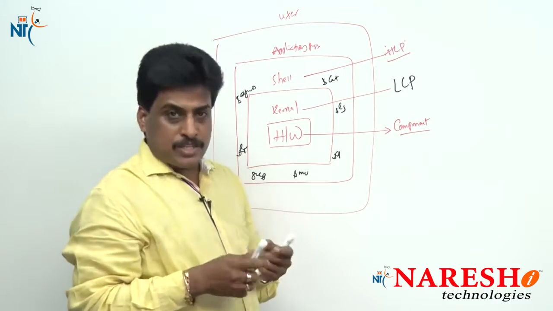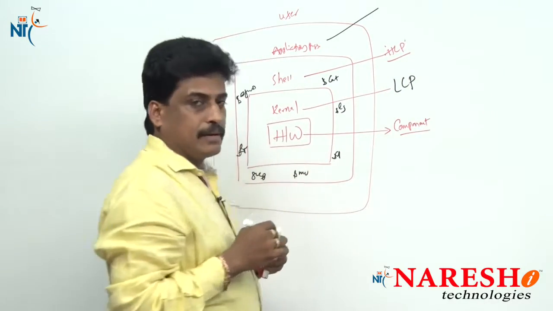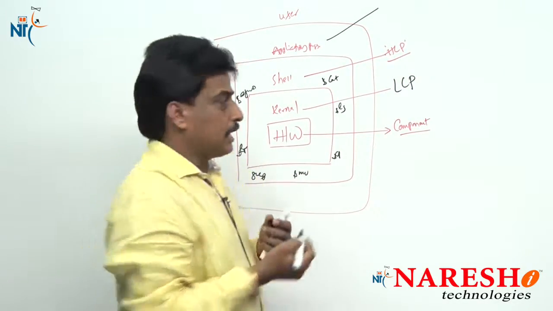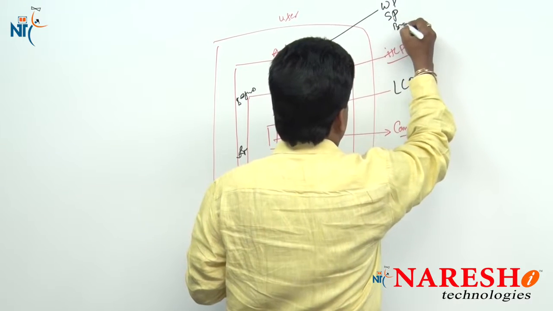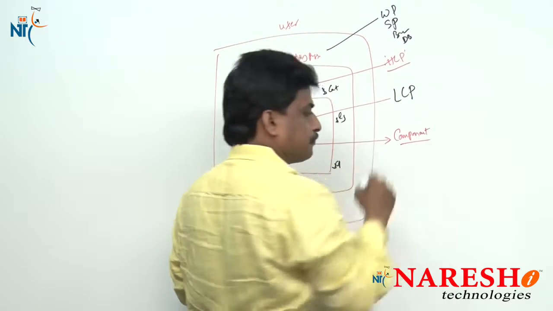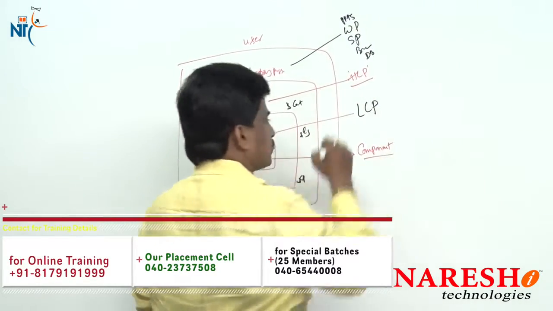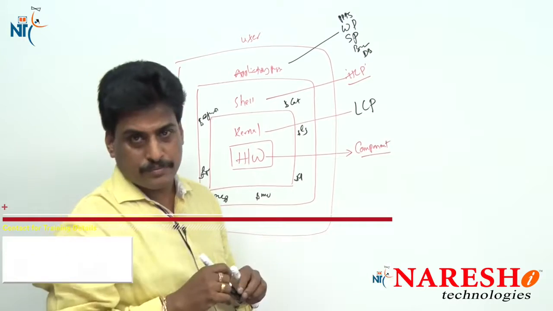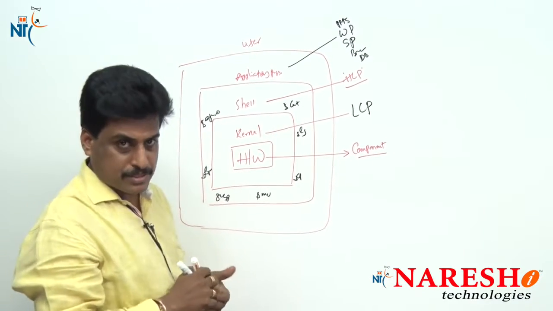Next one is application programs, which satisfy end user requirements like word processors, spreadsheets, browsers, databases, PowerPoints, and others like this. So, this is the detailed architecture of UNIX operating system.